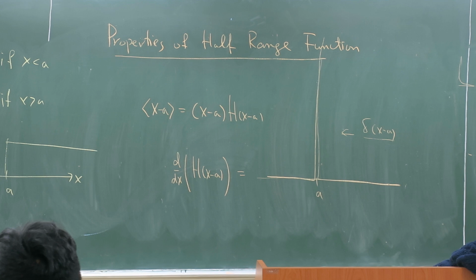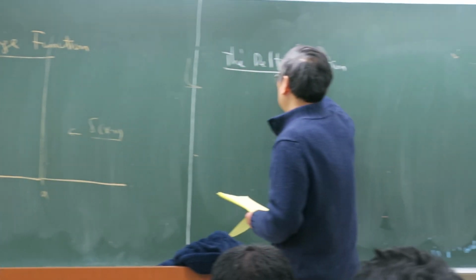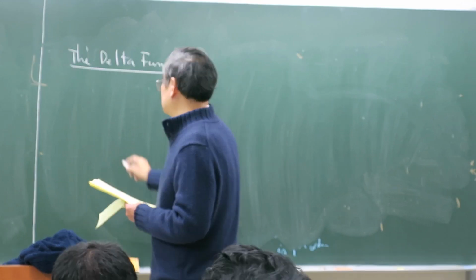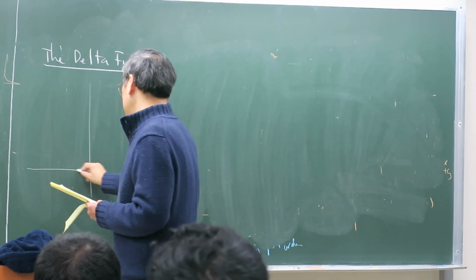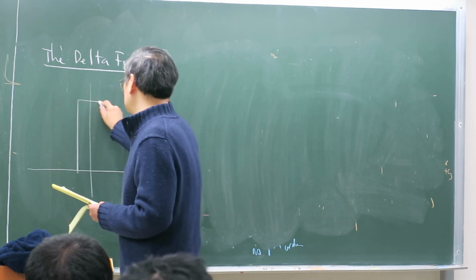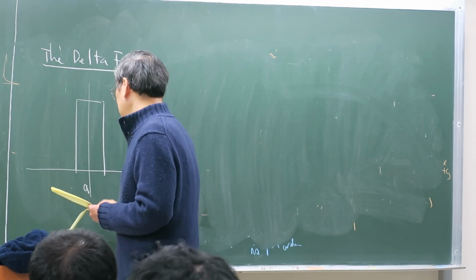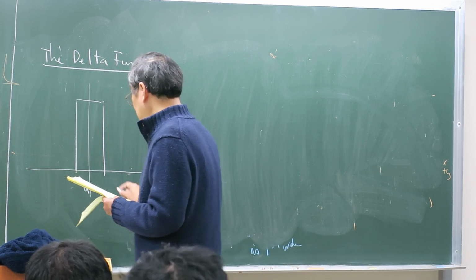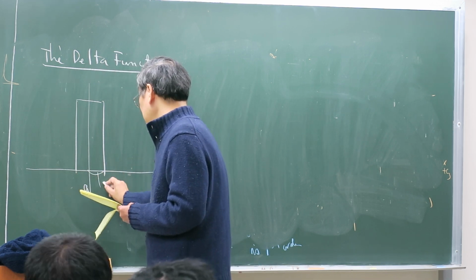So for this, let's see. This is the delta function. Okay. And the delta function is defined this way. This is at A, and this distance is 1 over k.